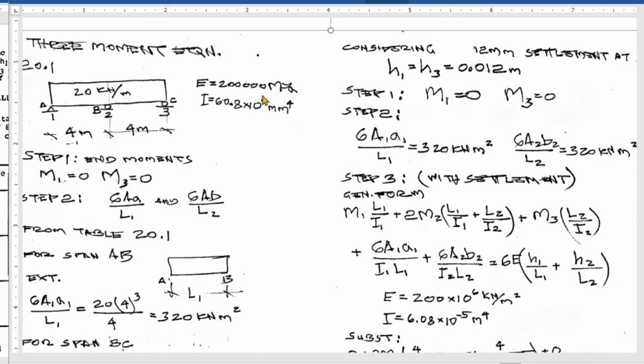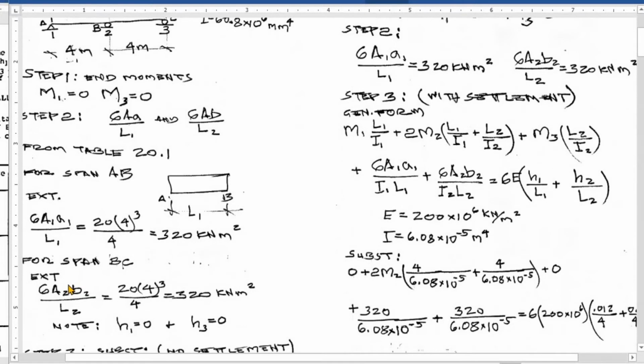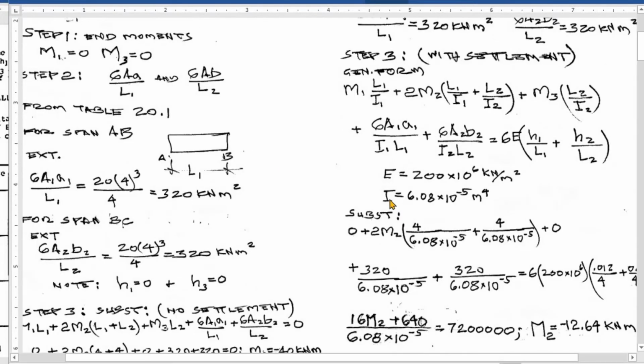Okay, so same procedure sa step 2. Kukunin mo rin yung kanyang 6AA all over L, which is parehas lang sa first approach. Okay, so parehas silang 320 tsaka 320. But this time, sa step 3, yung isa-substitute mo na sa general equation, magkaiba na yung first approach tsaka yung second approach. So, balik tayo dito sa first approach na no settlement.